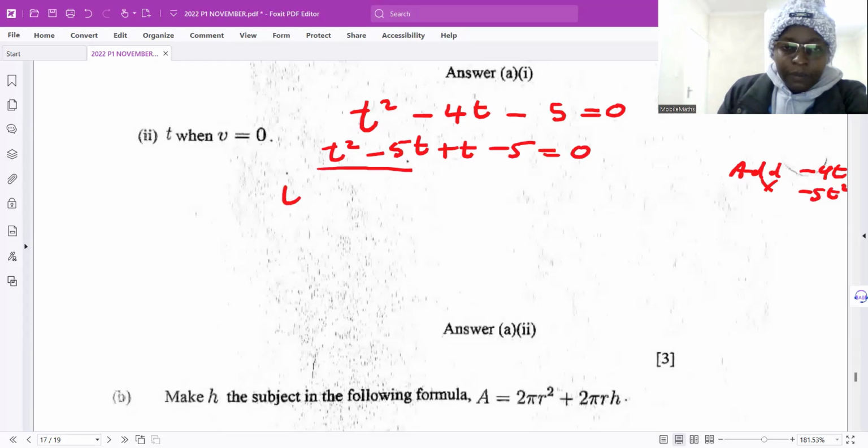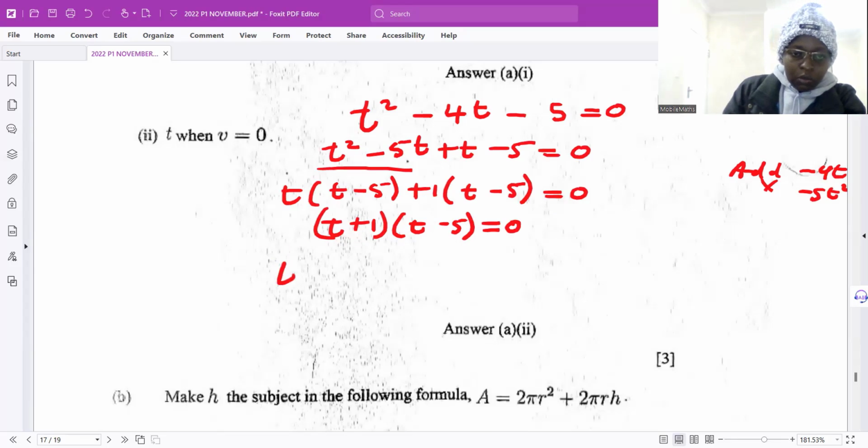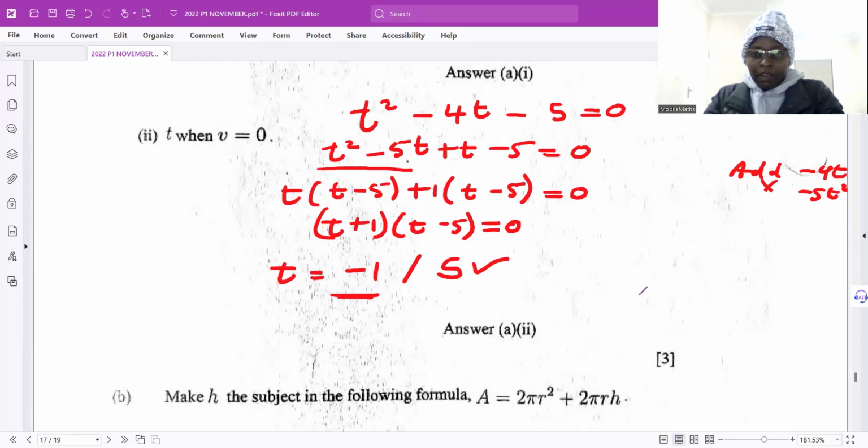Factorizing, I can have t and t minus 5 here, then plus 1 times t minus 5 there is equal to 0. So we have t plus 1, then t minus 5. Solving this, I get t is equal to minus 1 or 5. We can't take minus 1 because we don't have negative time, but we can have 5. So our time is 5 seconds.